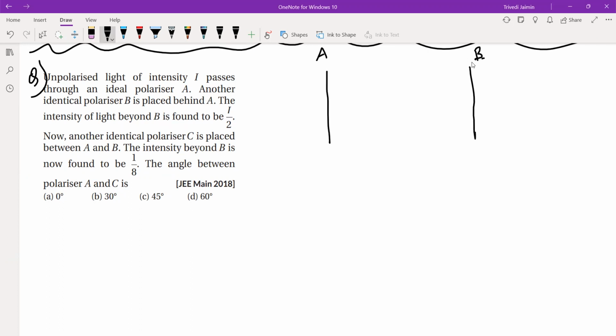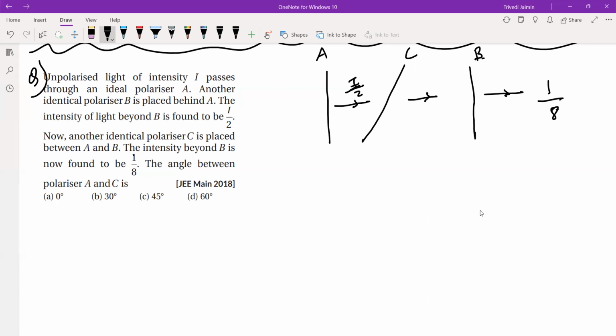At half intensity, we have one polarizer at some angle, C. So this intensity is I by 2, and this one is I by 8.